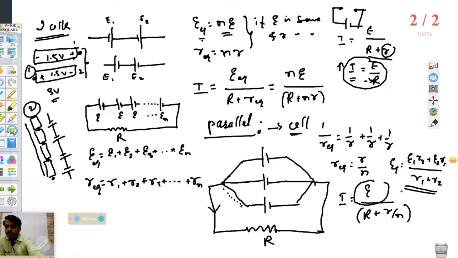And in case it is a group of cells in different combinations, we can say that it is a mixed grouping.